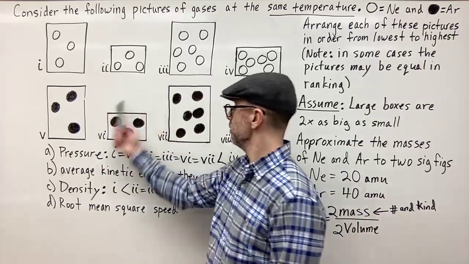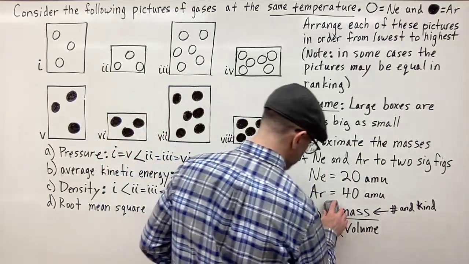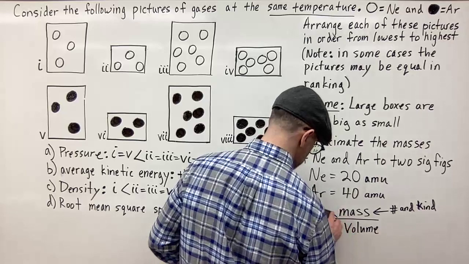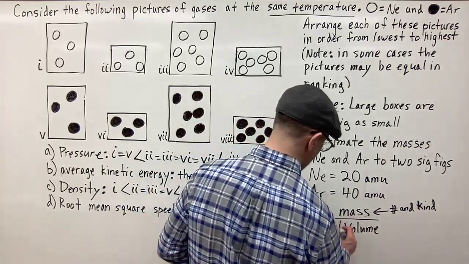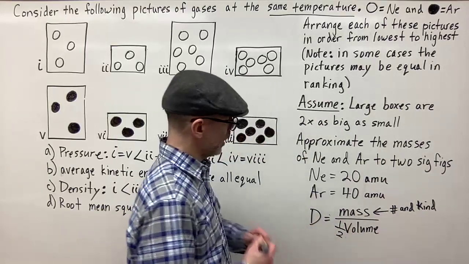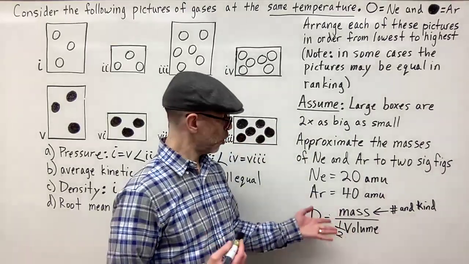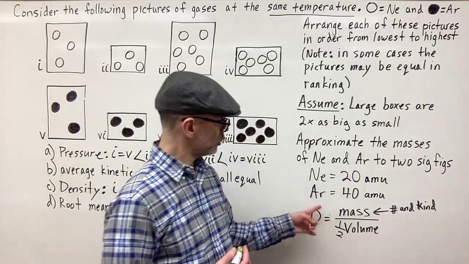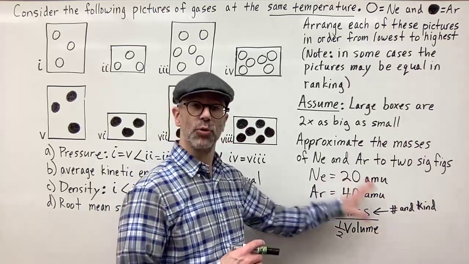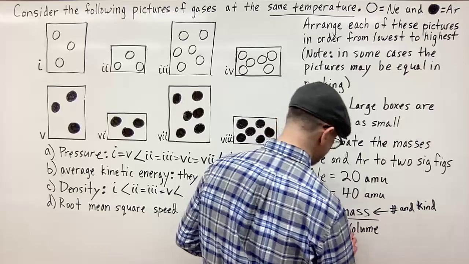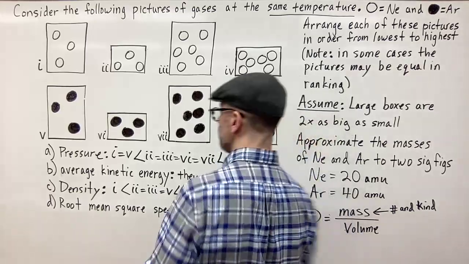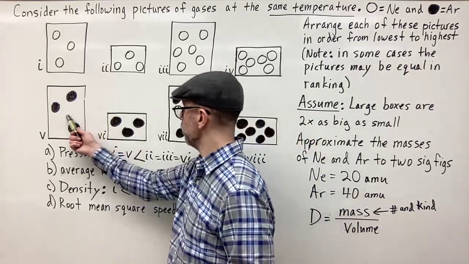Let me go ahead and erase this. So the density is going to be double. So if I halve the volume, dividing by half is the same as multiplying by 2. So I multiply the mass by 2. So the whole fraction is multiplied by 2. So it's doubling the density. Okay, so this density is double this one.